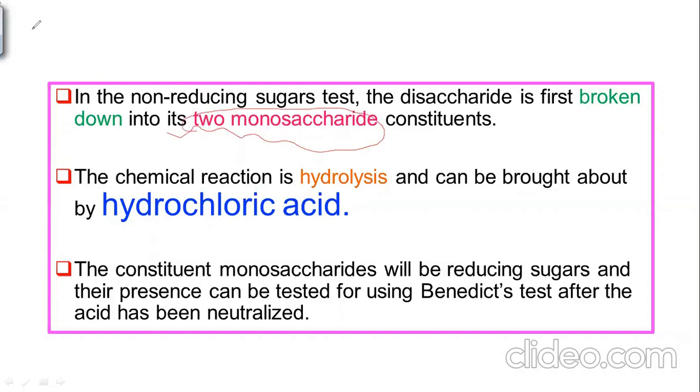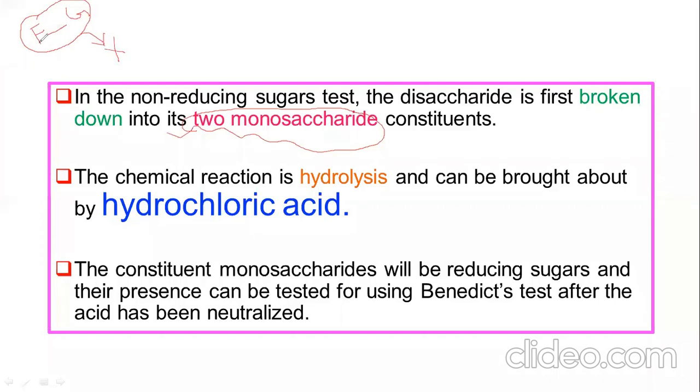For example, I have sucrose, which contains fructose plus glucose, joined by a glycosidic linkage. If I mix it with Benedict solution, the test will be negative. But still I want to check it.